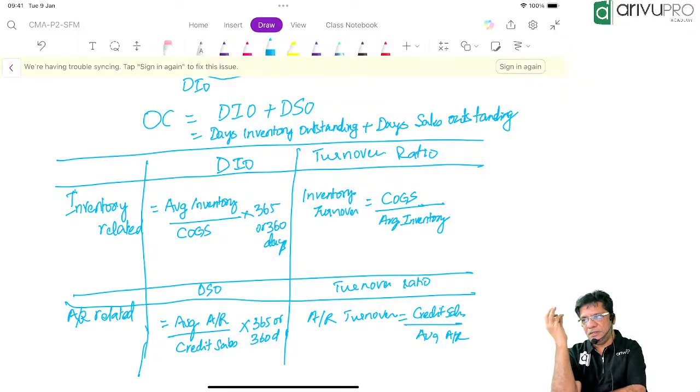Raw material, work in process, finished goods. Everywhere cost is flowing through cost of goods sold. Sales minus cost of goods sold is what? Gross profit. Okay, into 365 or 360 days, depending on the question.